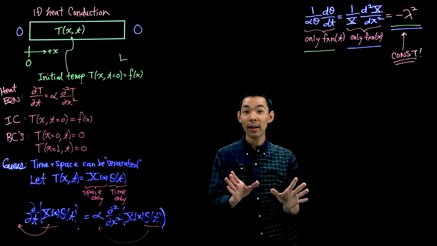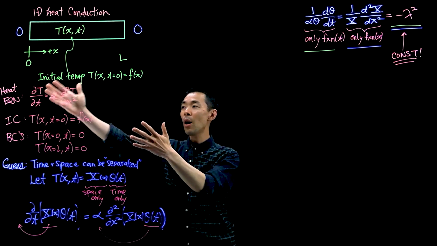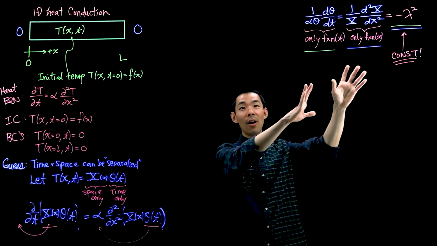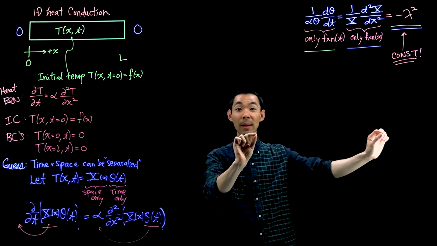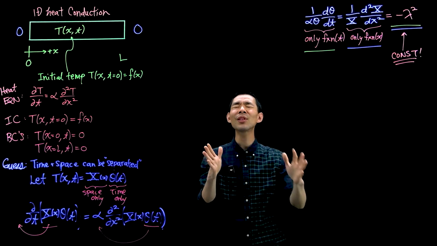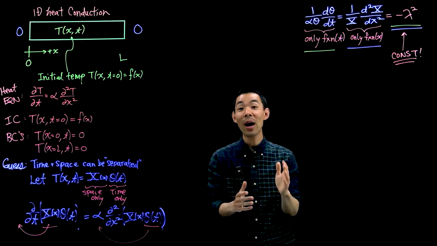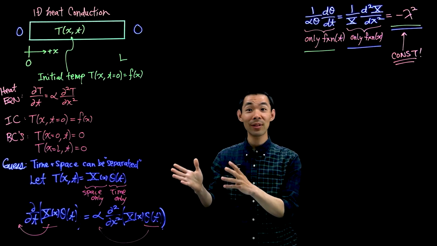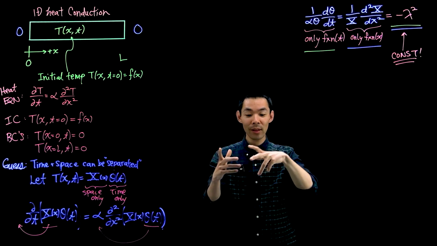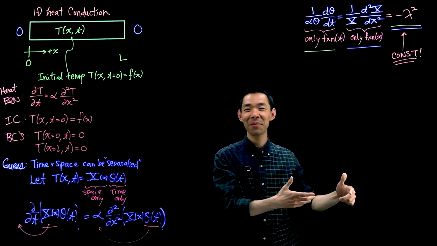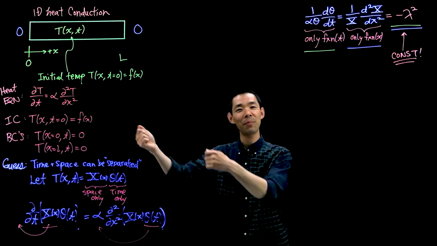So now what we've done is we've taken a partial differential equation and we've broken it down into two separate ordinary differential equations. And this is why it's so important to know how to solve ODEs. In many solutions to PDEs, it just comes down to solving a set of ODEs. So you solve ODEs to solve PDEs.